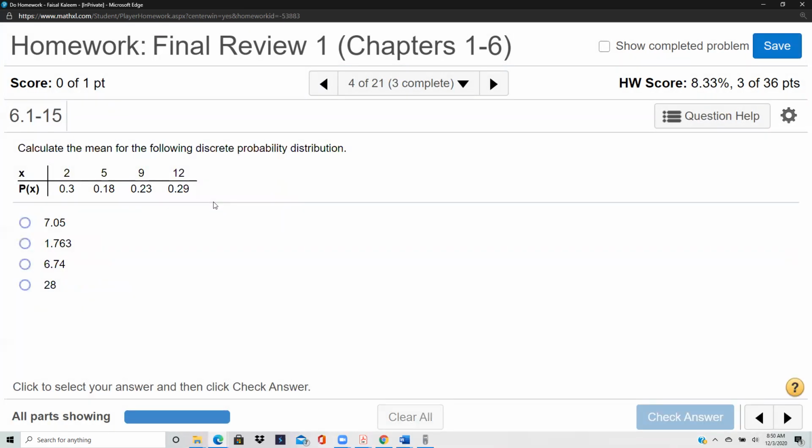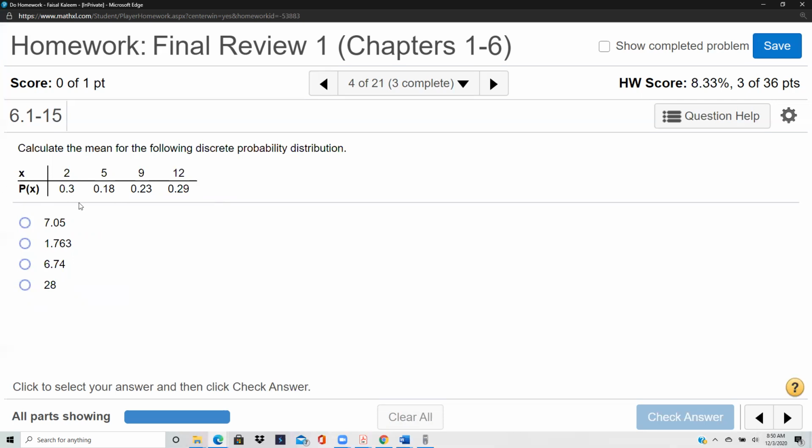All right. So the mean can be either done by hand or by StatCrunch. I think I usually put this into two columns. Okay.